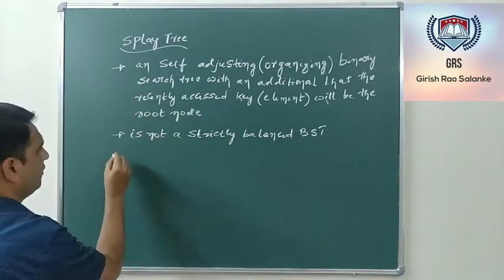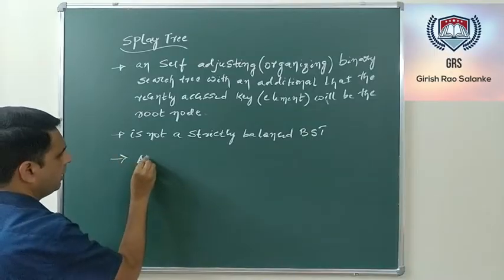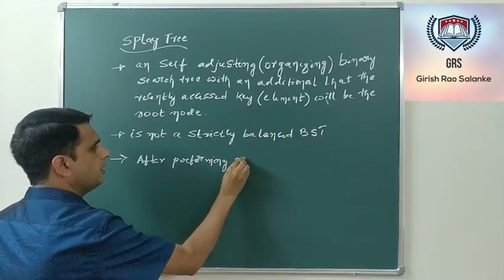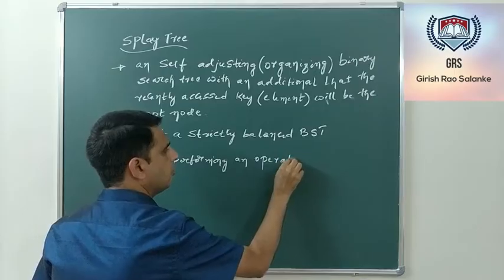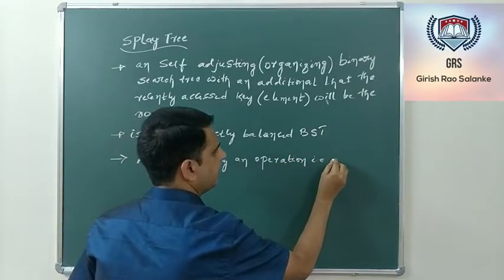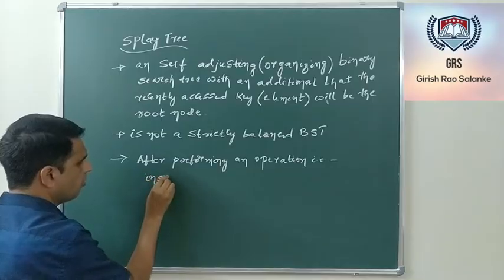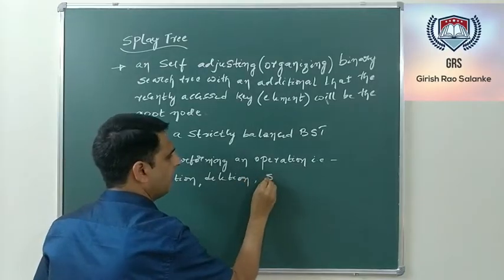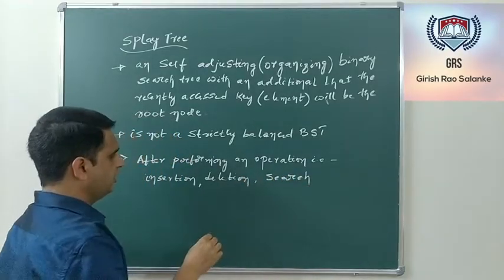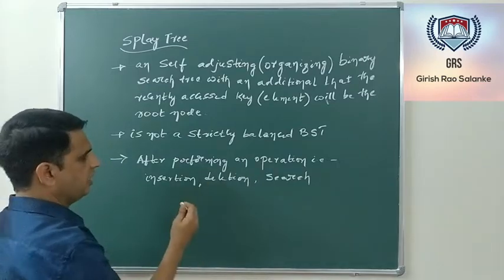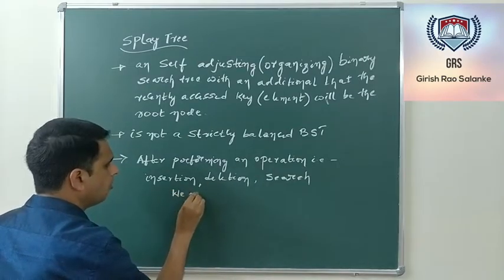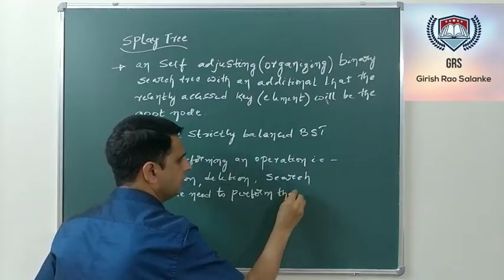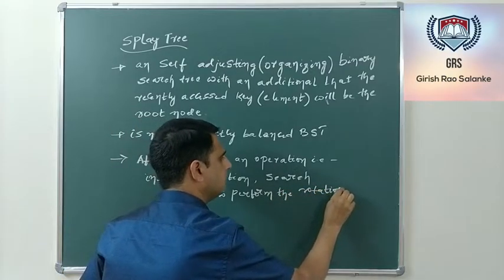So note that in the case of a splay tree, after performing any operation, that is, an insertion, a deletion, or a search operation, after performing this regular operation, we need to perform the rotation operation.